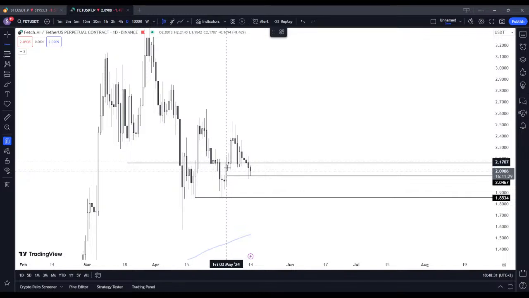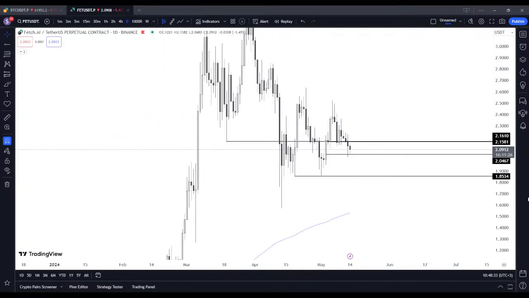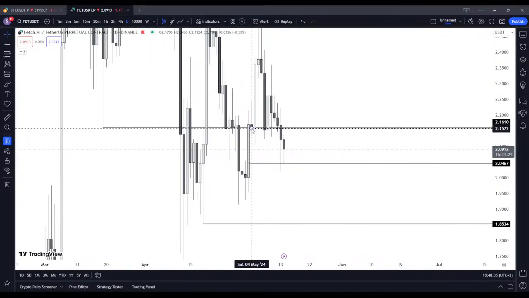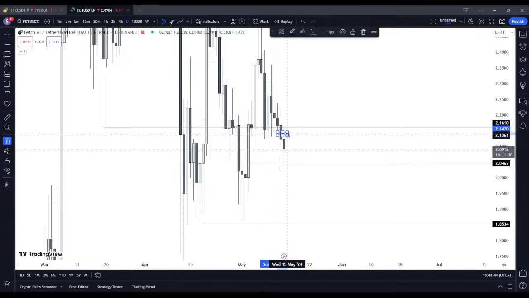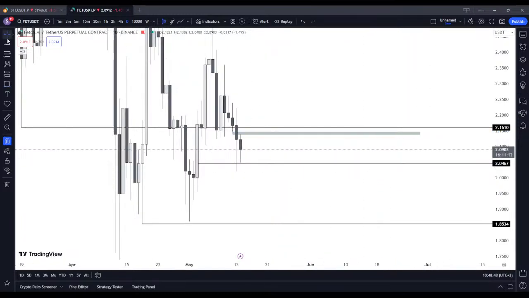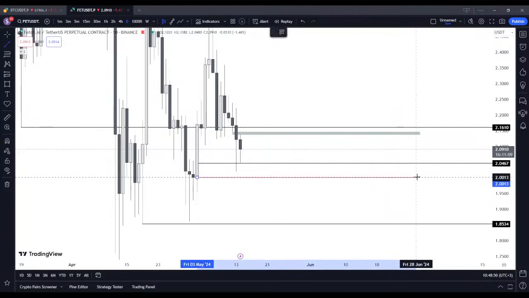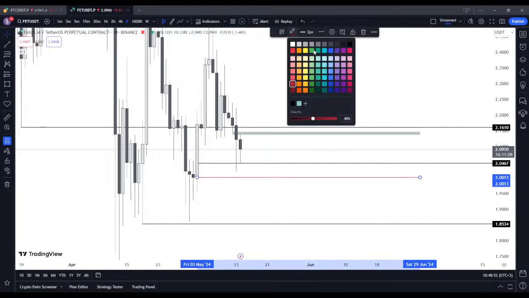We had the S&R area here at the daily FVG. Well, we have a bearish one, not yet triggered because we need to close this day, but here we might get resistance. And we have a demand area here.